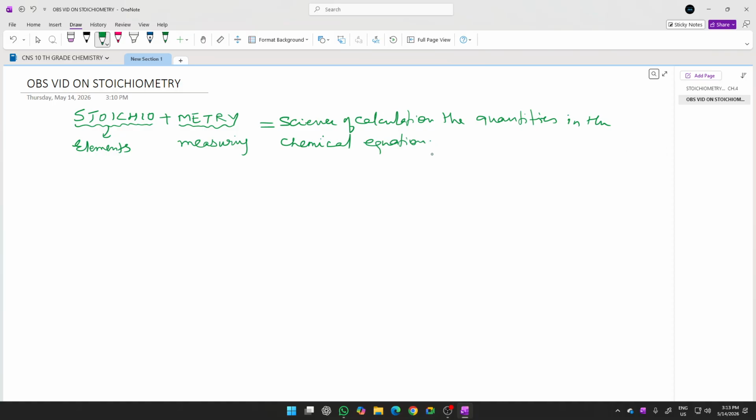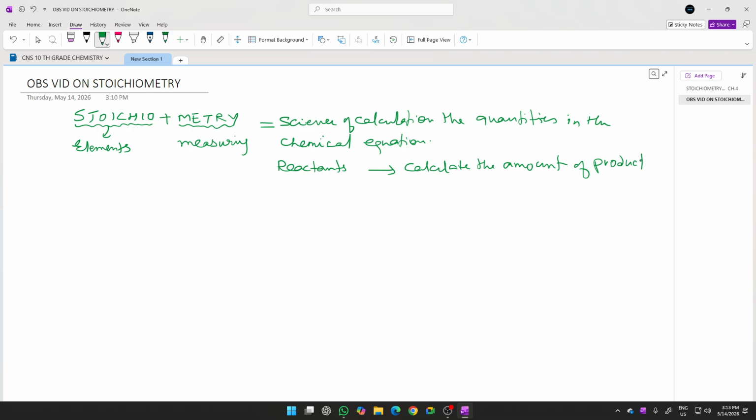Basically these quantities are measured and calculated. For example, if you know the amount of reactants, you can predict or calculate the amount of product that can be formed.